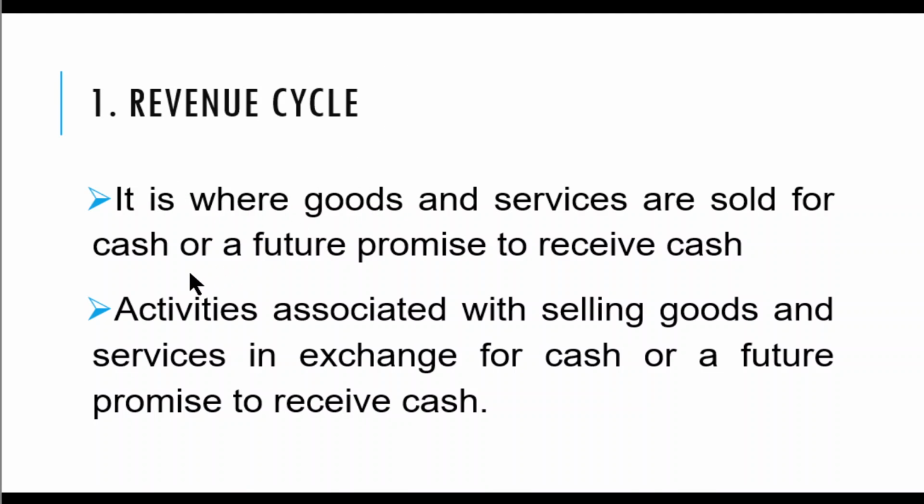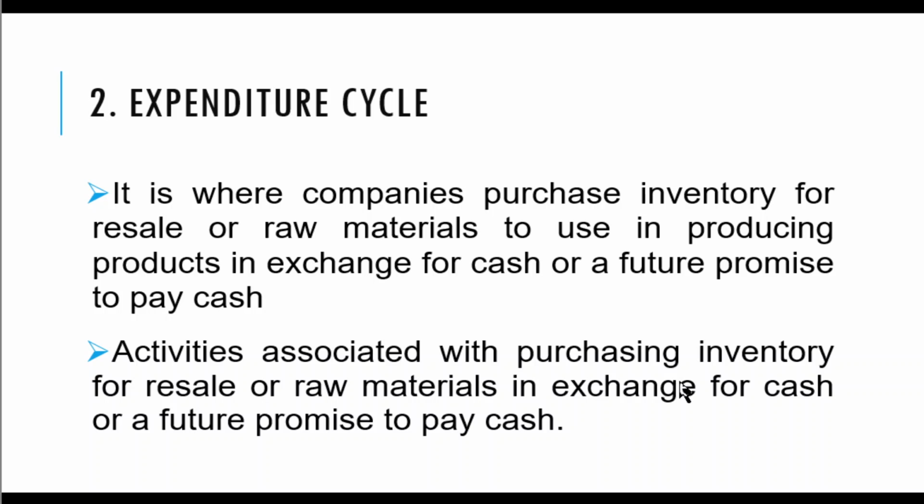So the revenue cycle is where goods and services are sold for cash or a future promise to receive cash. This is with the selling of goods and services in exchange for cash or a future promise to receive cash. Expenditure cycle, it is purchases of inventory for resale or raw materials to use in producing products in exchange for cash or a future promise to pay cash.